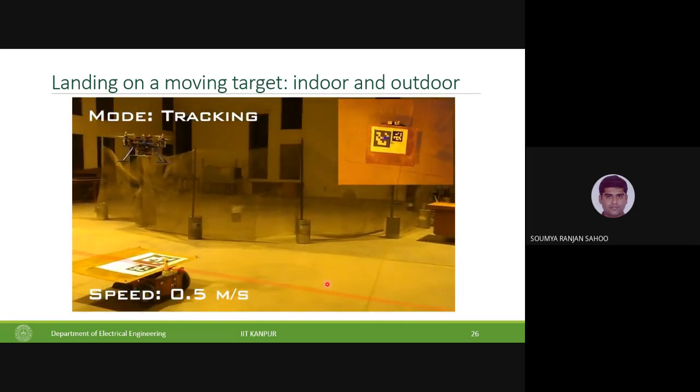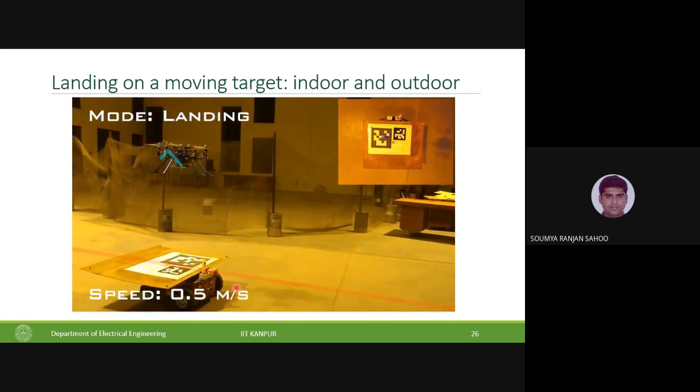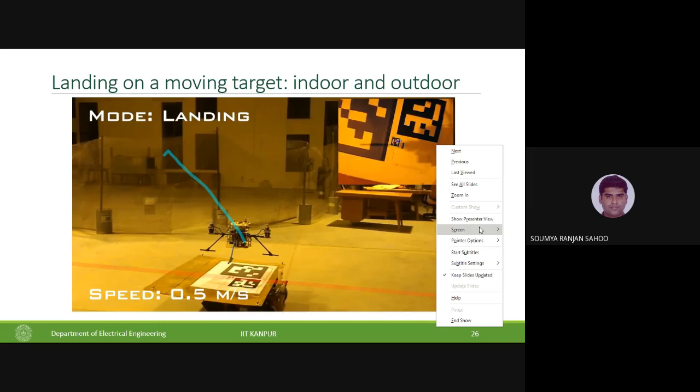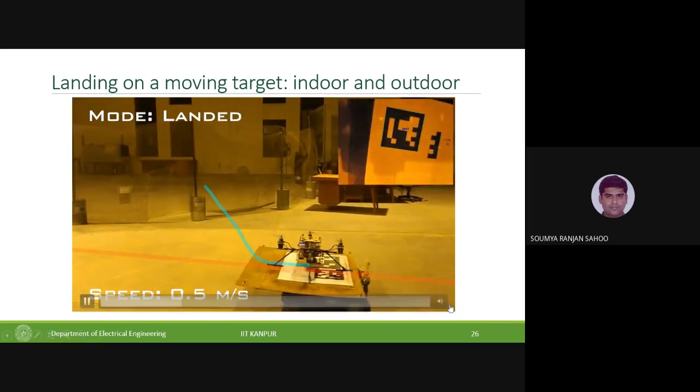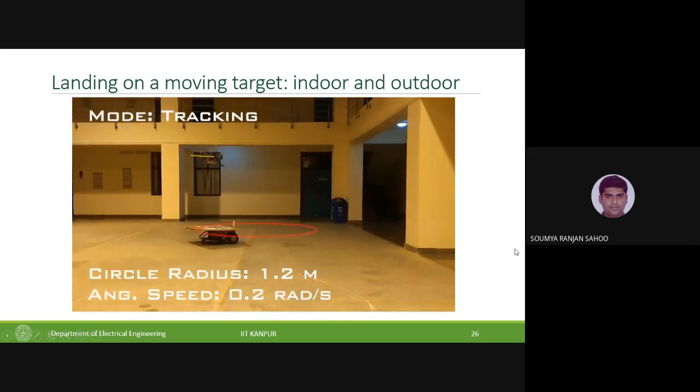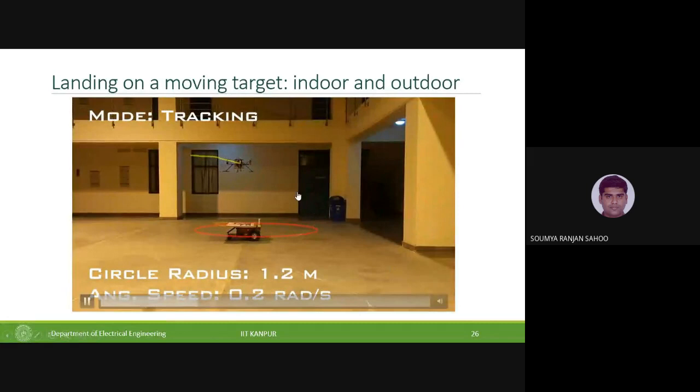This is a straight line tracking. This is again a circular tracking.